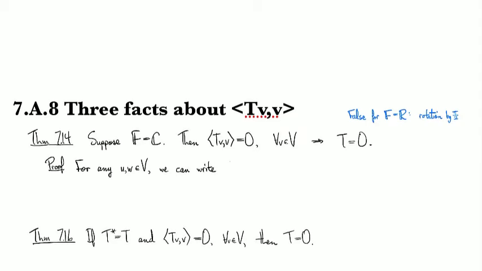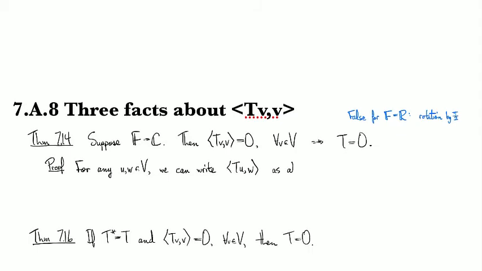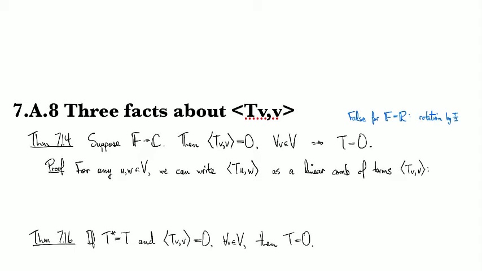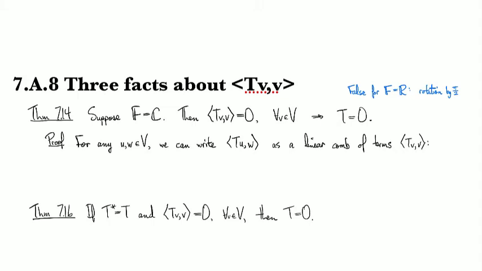we can write TUW as a linear combination of terms of this form. So specifically, we have the following identity.